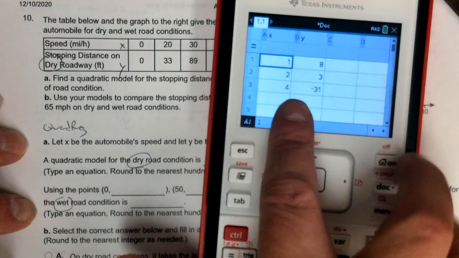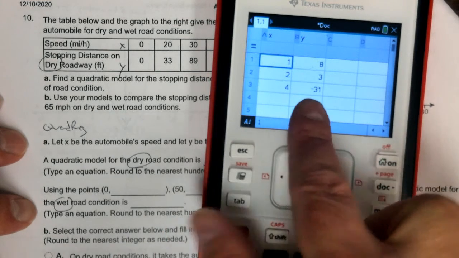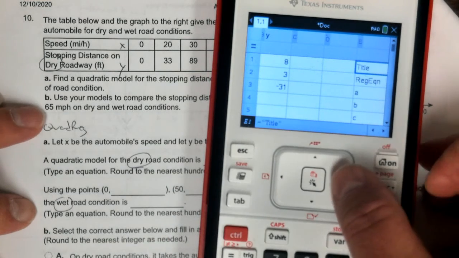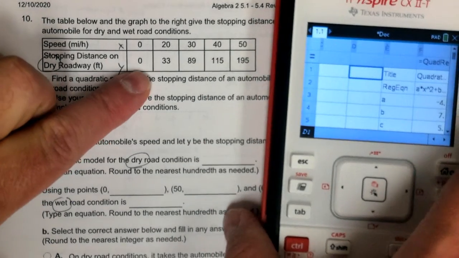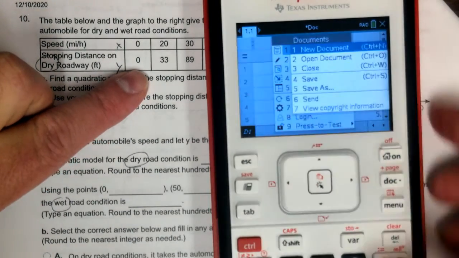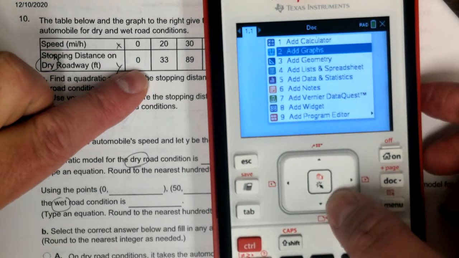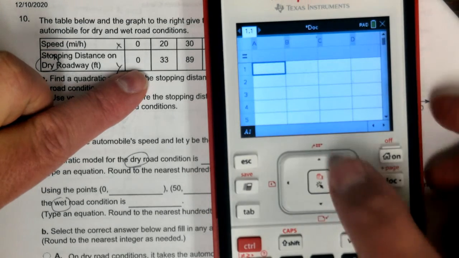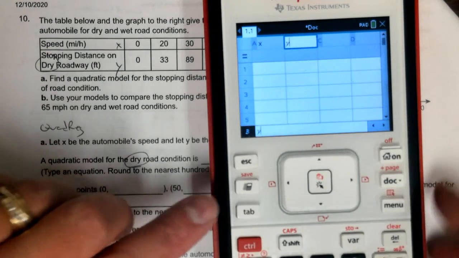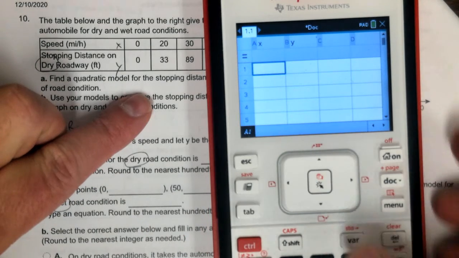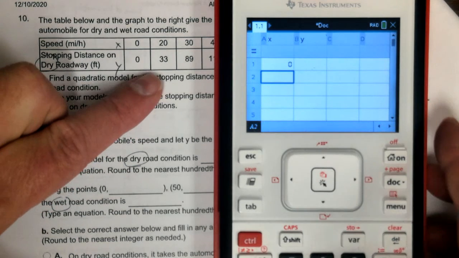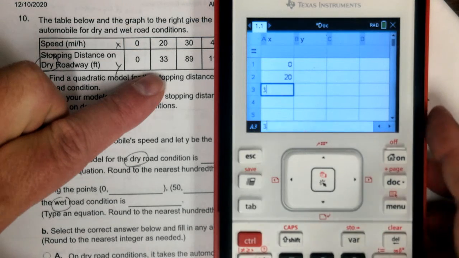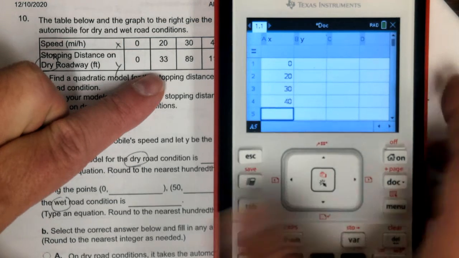Now, if it were only 3 points, then you could just type over this and all your values would dynamically change. But since I have 5 points, I'm going to start a new document. So list in spreadsheet, x, y, and then just start typing your numbers. 0, 20, 30, 40, 50.